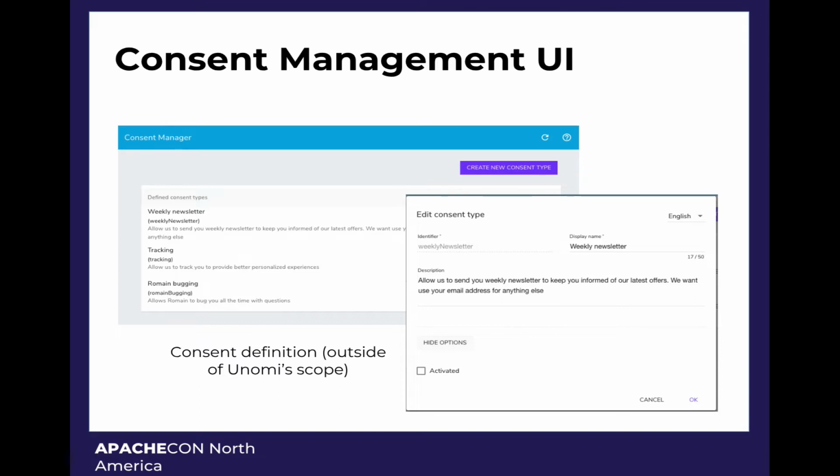This is an example of a consent management UI that can be built on top of Unomi. This is actually outside of the Unomi scope. Here it's just a UI for building consents that will be identified by a key. So we're building, for example, a newsletter consent saying that we agree to receiving a newsletter.